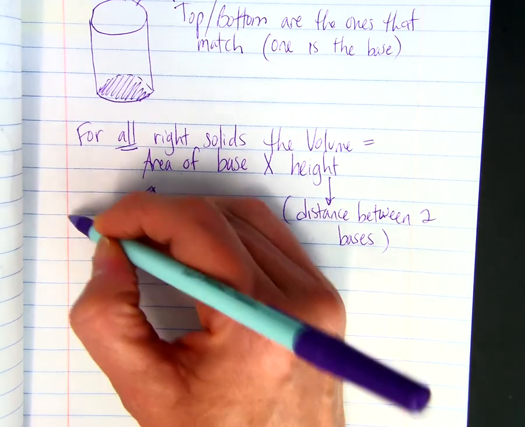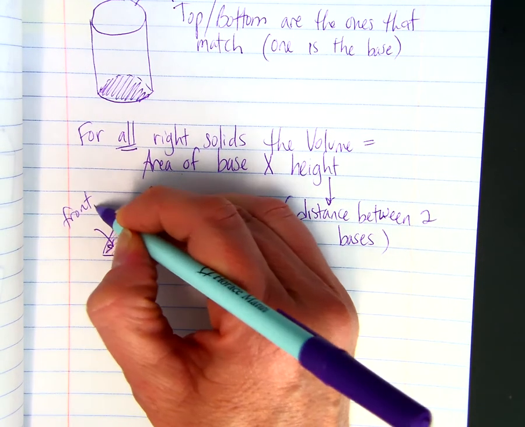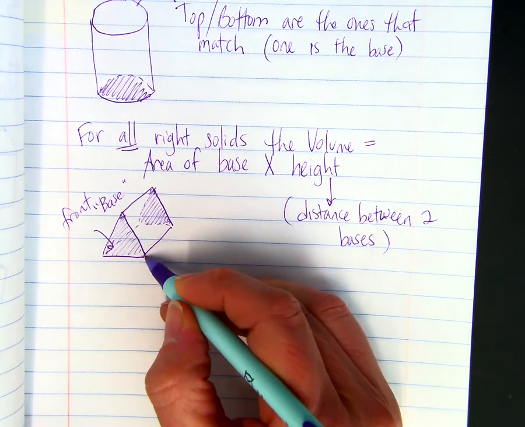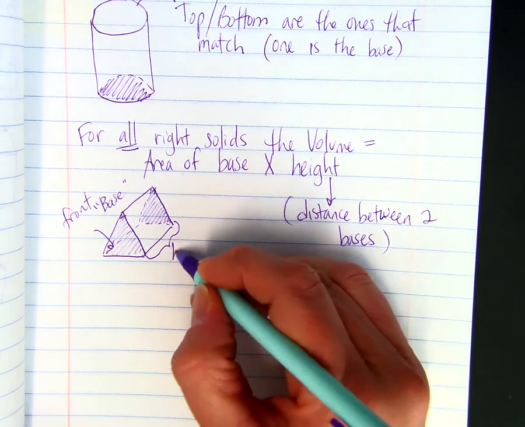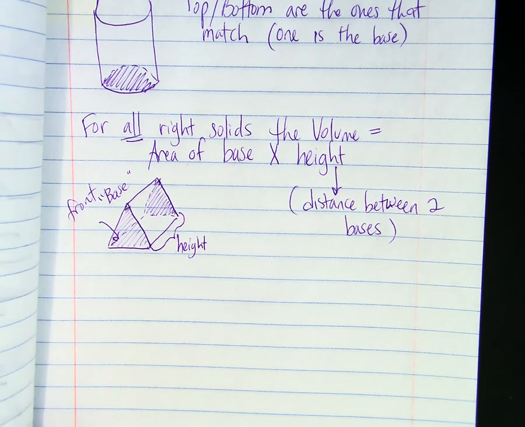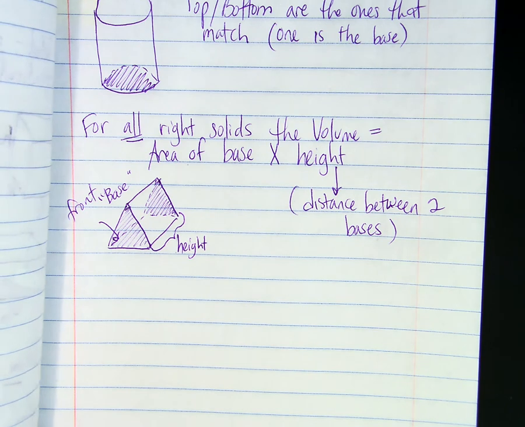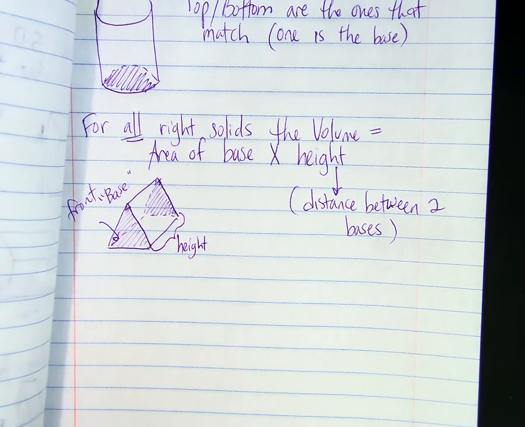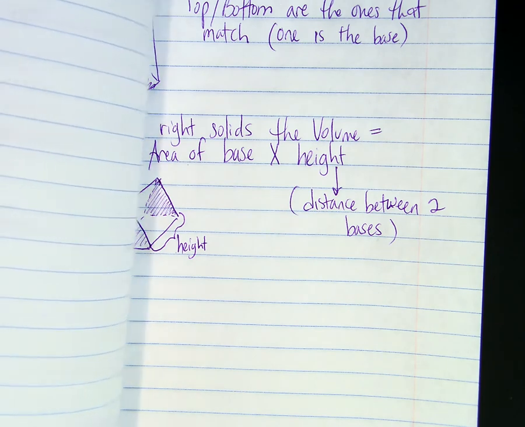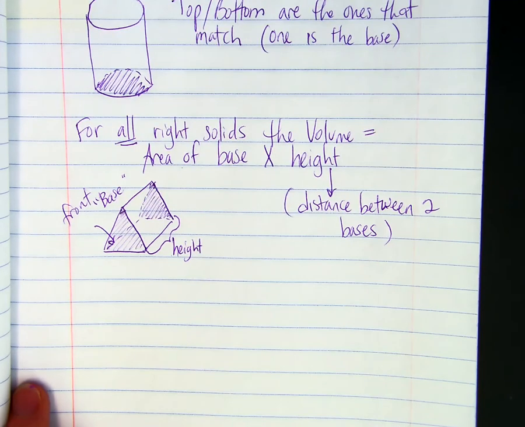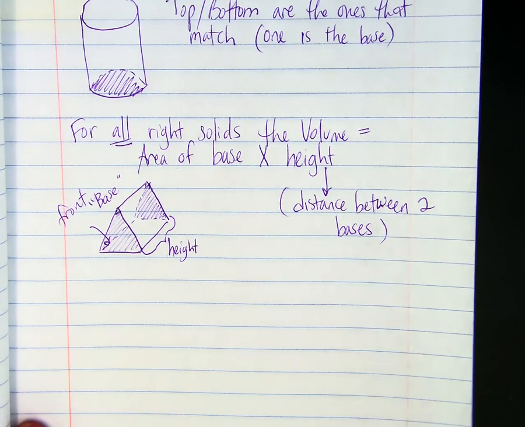So this is the front side and it's the base. And then this distance between the two bases is called the height. So if you are finding the volume, you'd have to find the area of the triangle, which remember is base times height divided by 2. Then you would times it by that distance between the two. Okay, that's the end of the lesson.